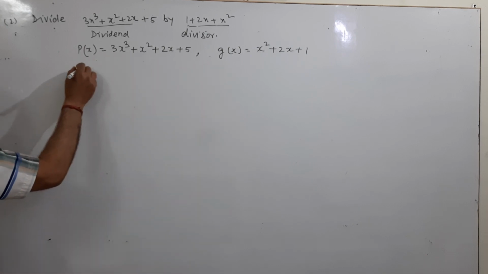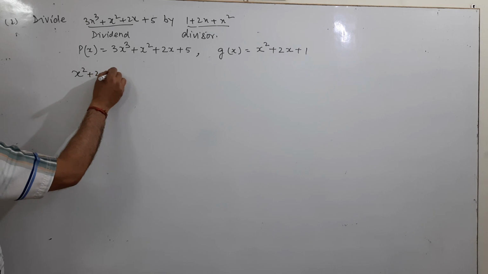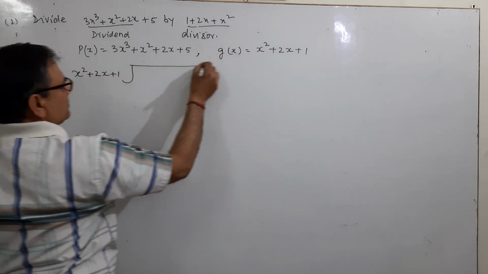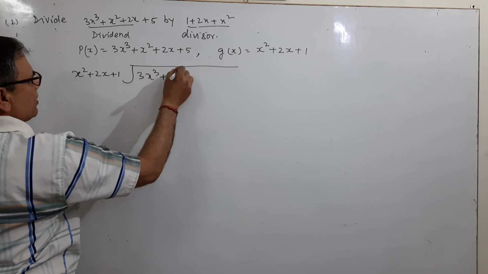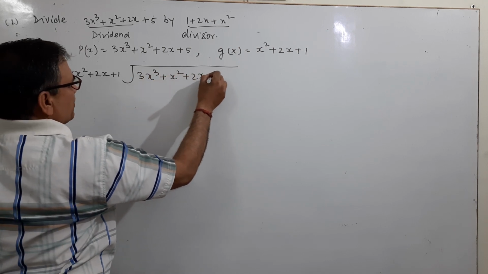Here is x square plus 2x plus 1, and now 3x cube plus x square plus 2x plus 5.